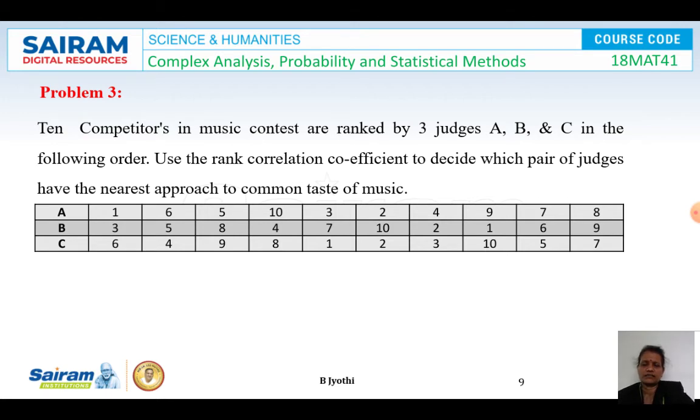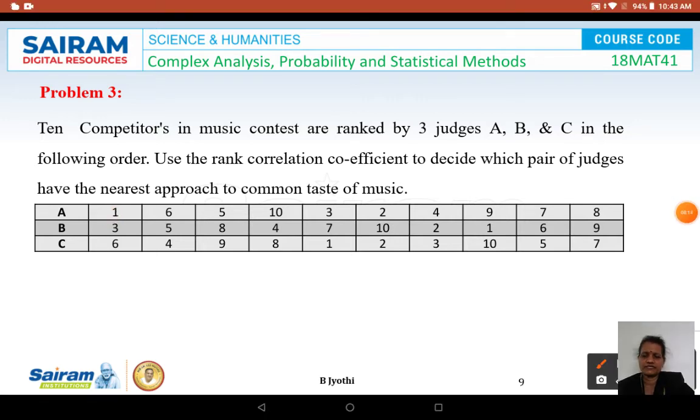Here this is for the first candidate. Just I will show this. For the first candidate, the judge A has given 1 rank, whereas judge B has given the 3rd rank, judge C has given the 6th rank. Here no need to calculate the ranks, they have directly given the ranks only, so that can be taken as X, Y and Z. So next we have to see the second candidate.